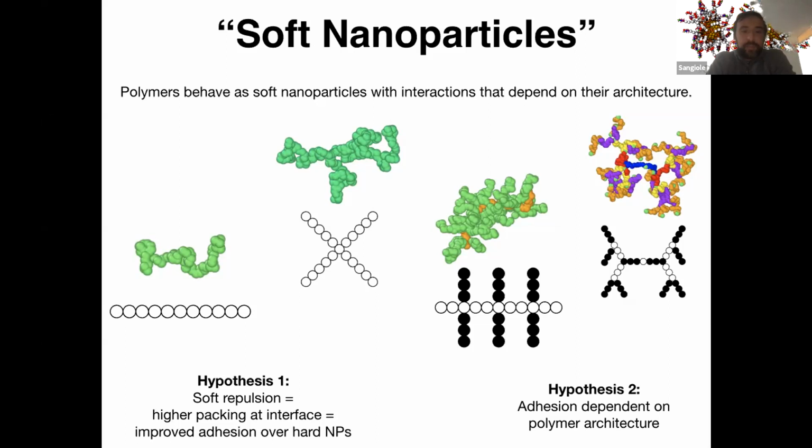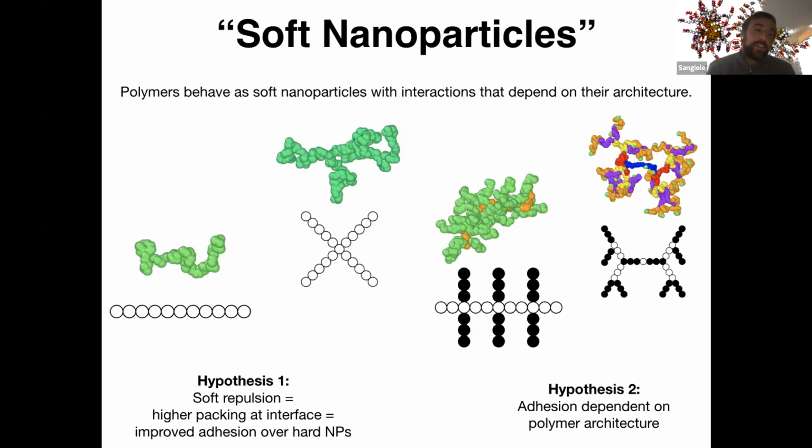They're called soft nanoparticles because, depending on the architecture, polymers act as nanoparticles that are soft, since you don't have a potential that becomes infinitely repulsive at contact.